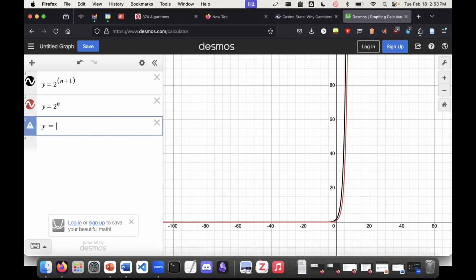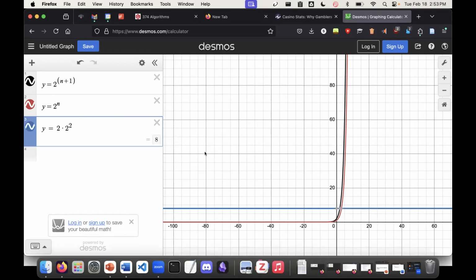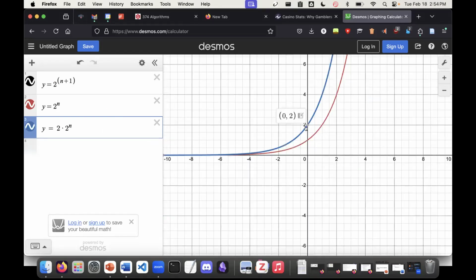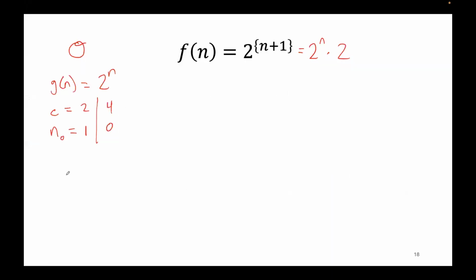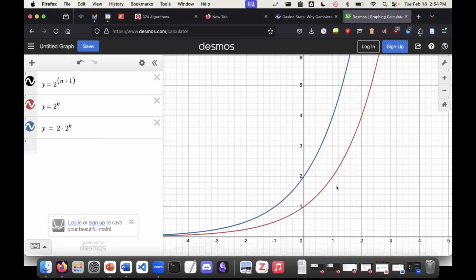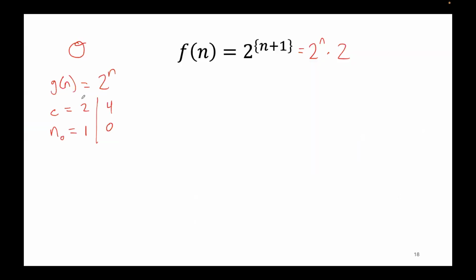So let's see, y equals 2 times 2 to the n. Wait, no, that's the same thing. Did I mess that up? I think the case where C is 2 would not be correct in this case.